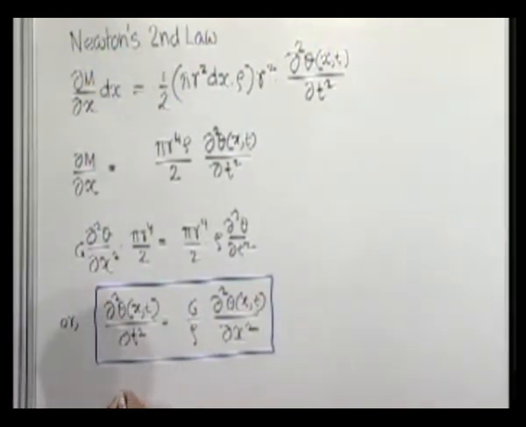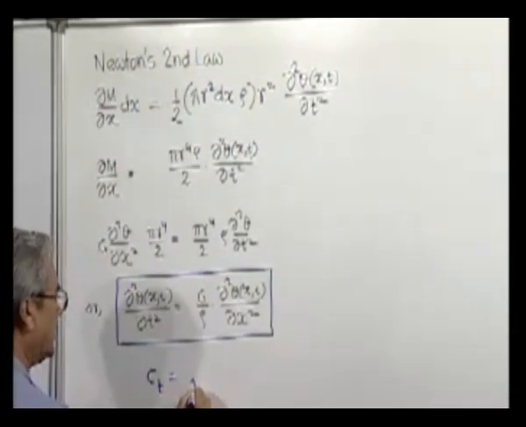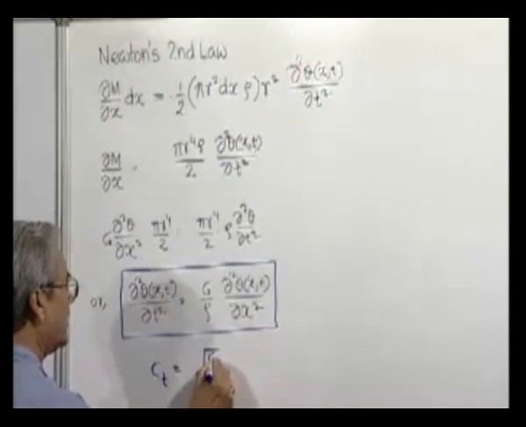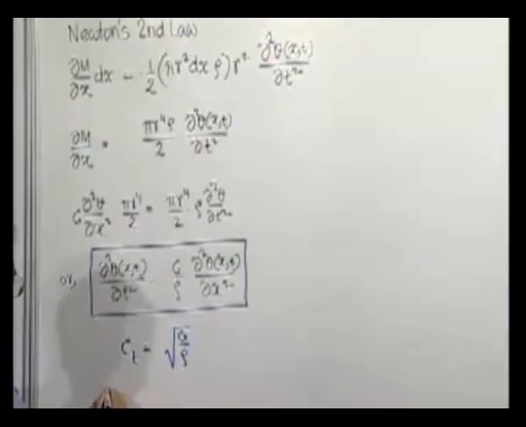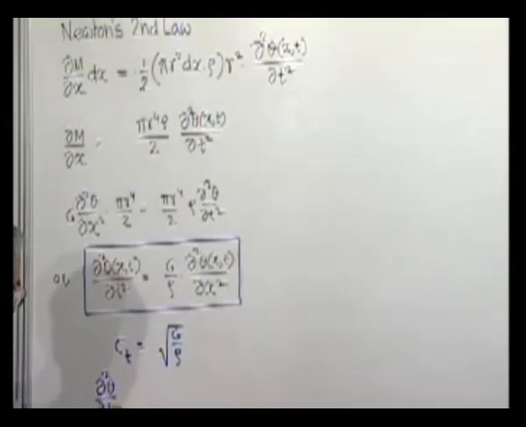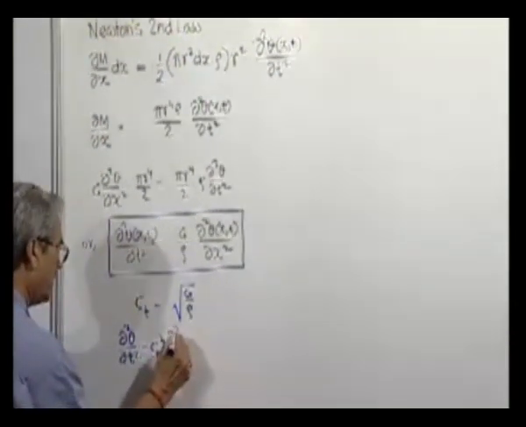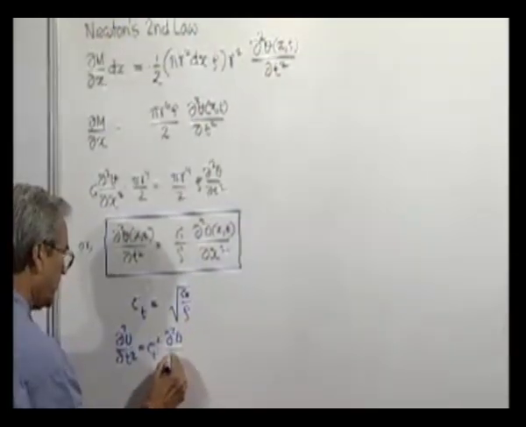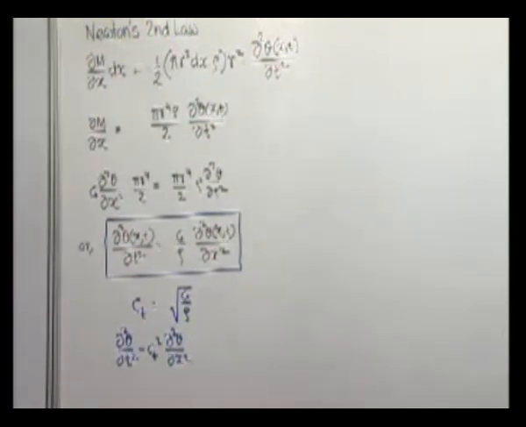So the velocity of propagation of torsional wave is given by, and the equation is, so this is the velocity of propagation of a torsional wave.